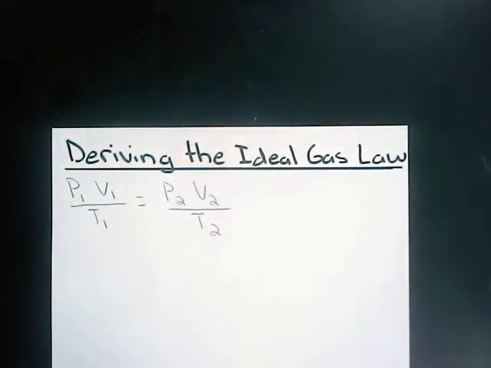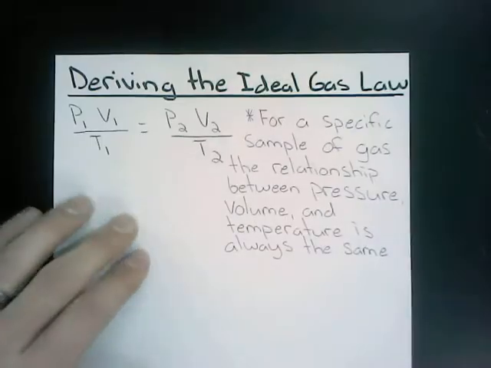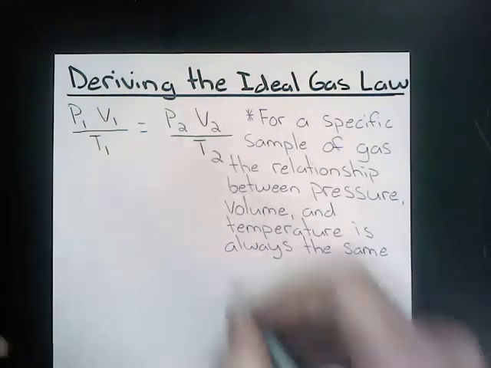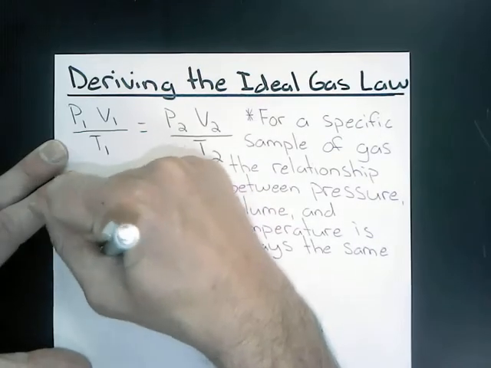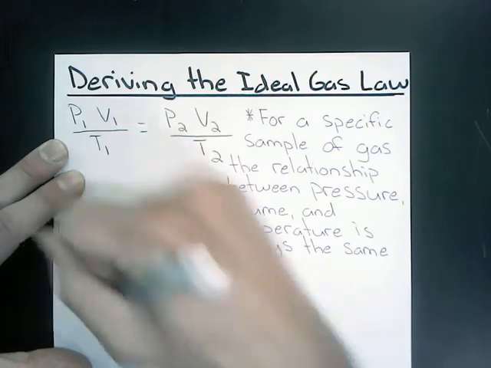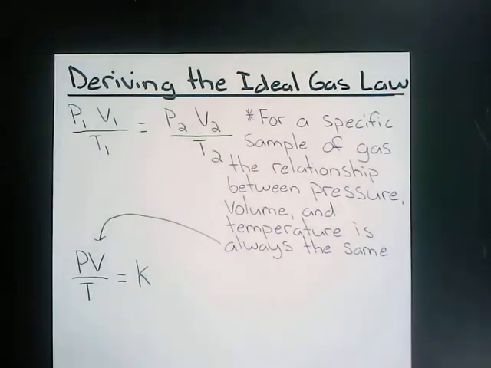And we make this statement: for a specific sample of gas, the relationship of pressure, volume, and temperature is always the same. So in other words, we could say that our pressure times our volume divided by our temperature equals K, and that K is considered a constant.